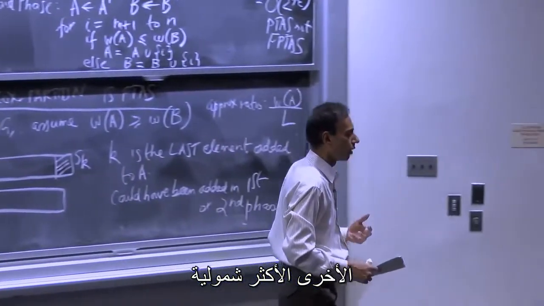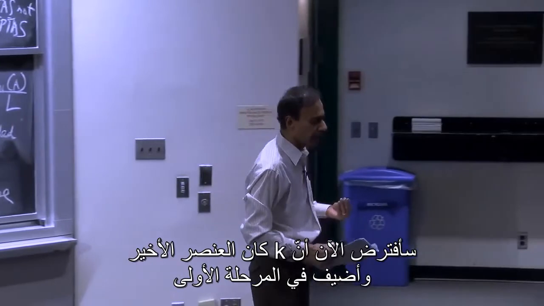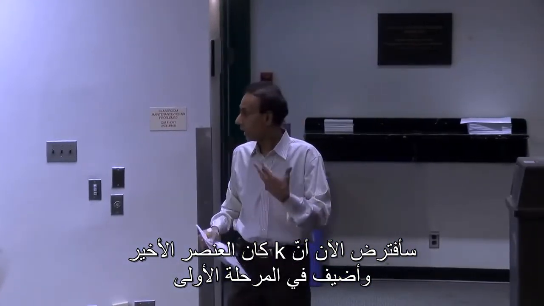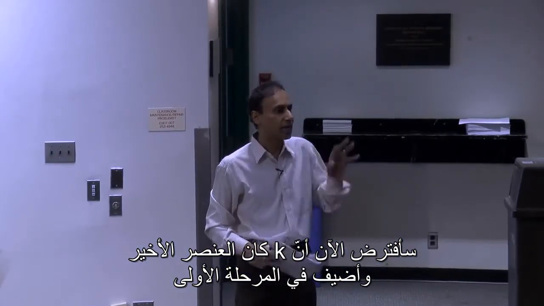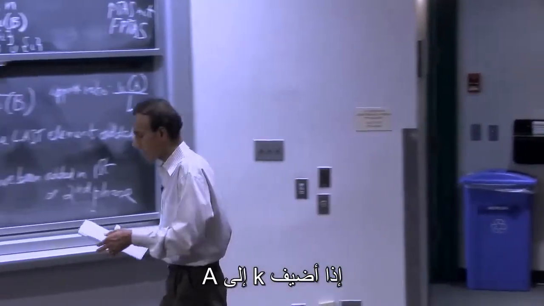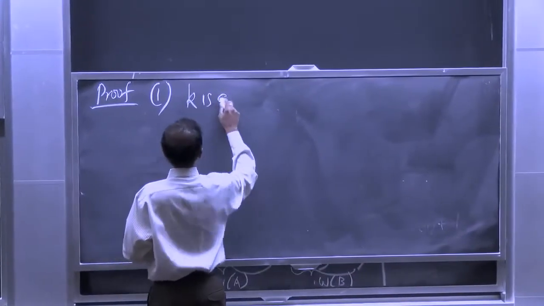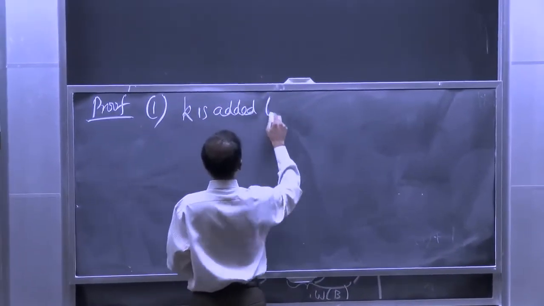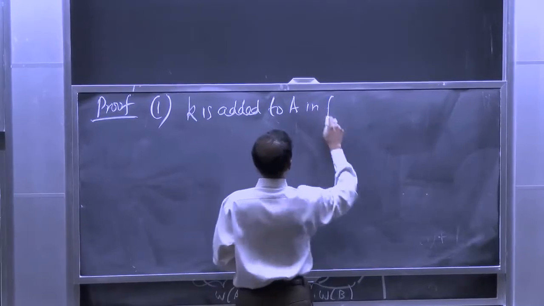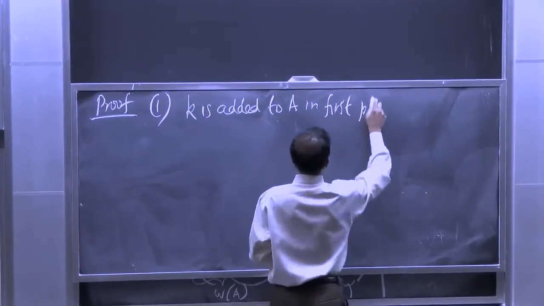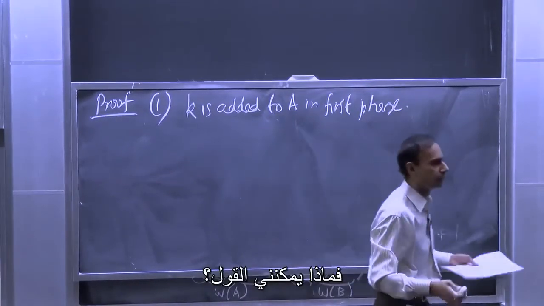So there are two cases here that we need to analyze. The first one is easy. The second one is a little more involved. I'm going to now assume that K was the last element and was added in the first phase. If K is added to A, what can I say?